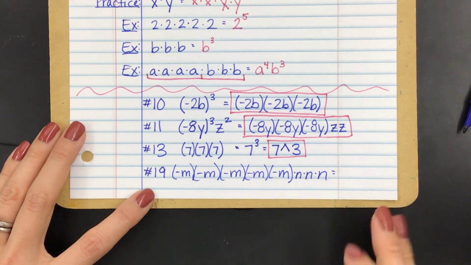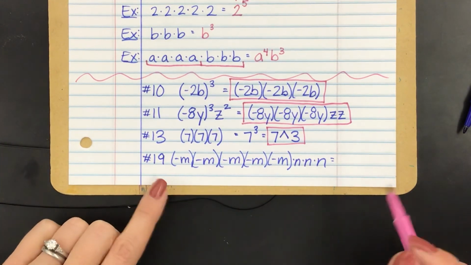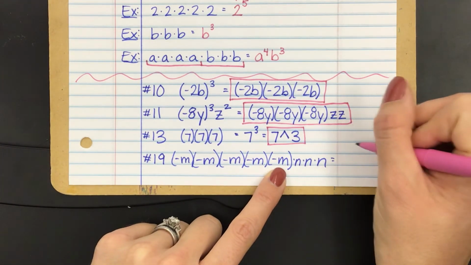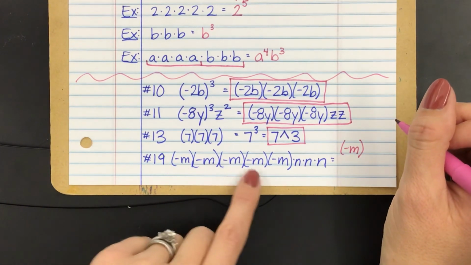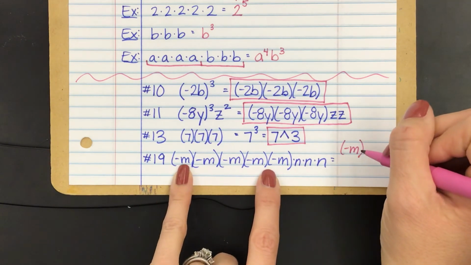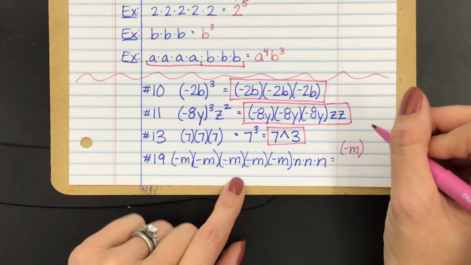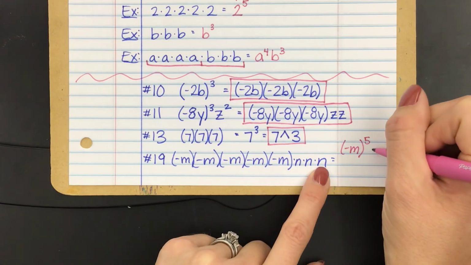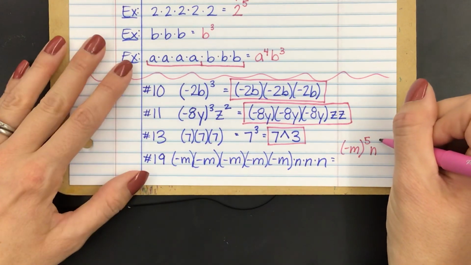Let me show you what it looks like in regular exponent form, and then I'll show you what it looks like when you put it in the answer checker. What's your base for the first part here? Negative m, right? Because negative m is being multiplied together 5 times. I do have to have the whole thing in parentheses, because it's the whole thing that's repeating each time. What's the power on that part? 5, good. And then n times n times n, so my base is n and my exponent will be 3.